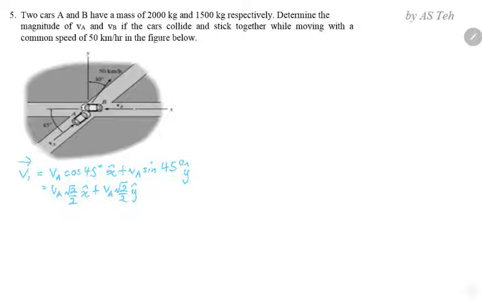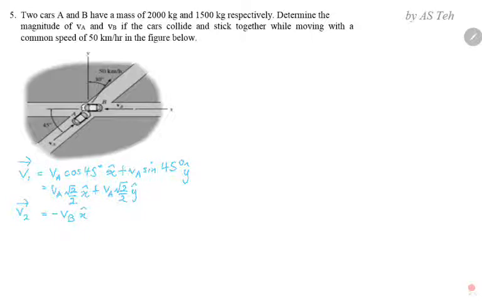The same goes for car 2. So for car 2, V2 equals negative VB x.